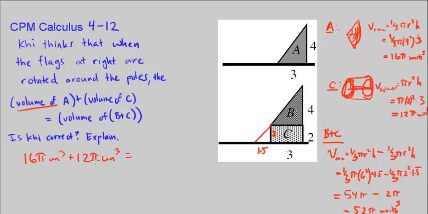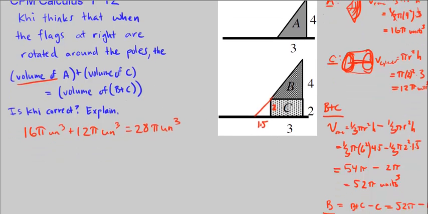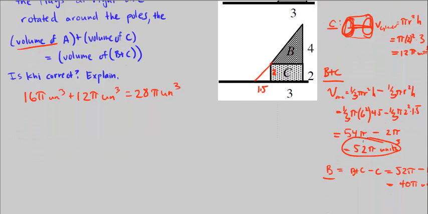You add those together, you get 28 pi units cubed. And the volume of B plus C, we found to be 52 pi units cubed. So these are not equal. One is 28 pi units cubed, the other is 52 pi units cubed. So Kai is not correct.